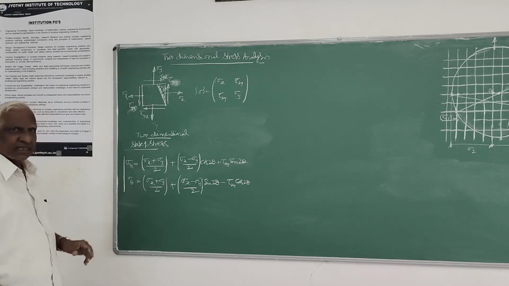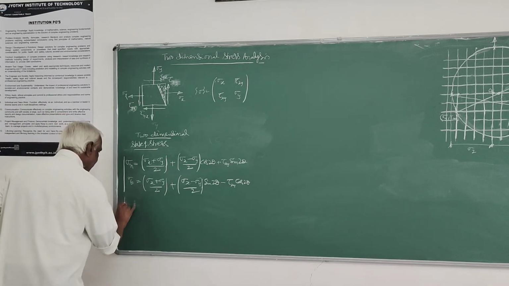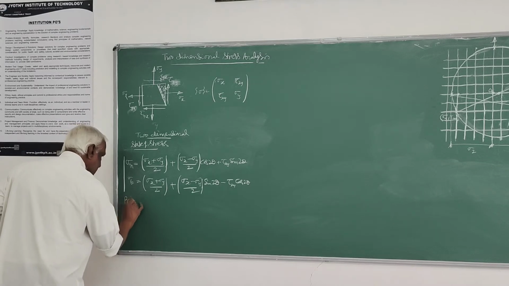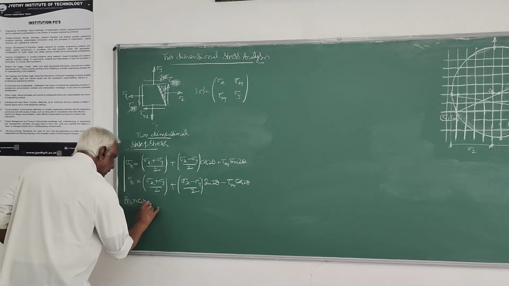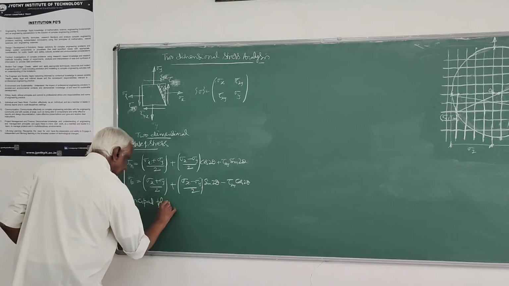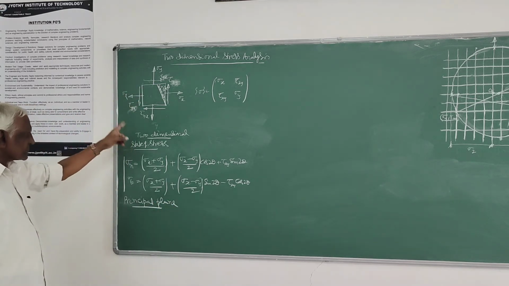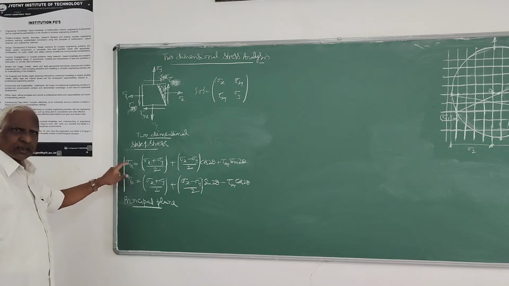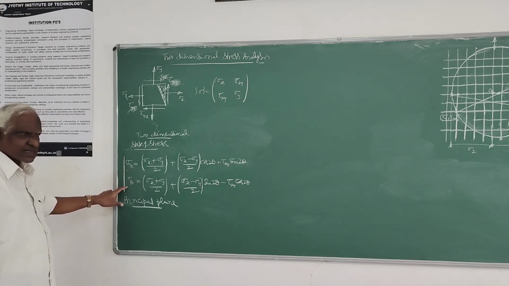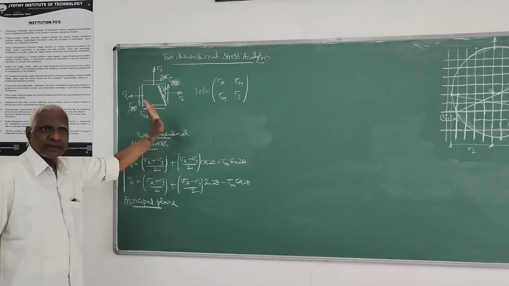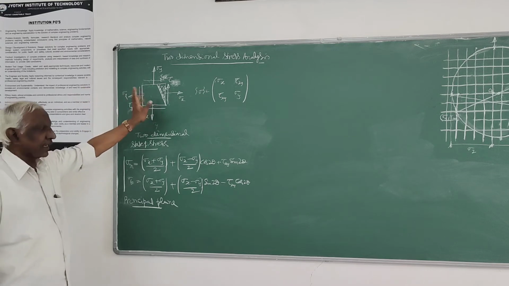You will get this. Then we define a plane, what is known as principal plane. The two-dimensional state of stress analysis consists of finding normal and tangential stresses at any plane within the element, making an angle theta.